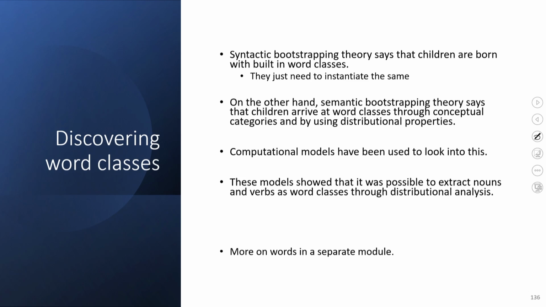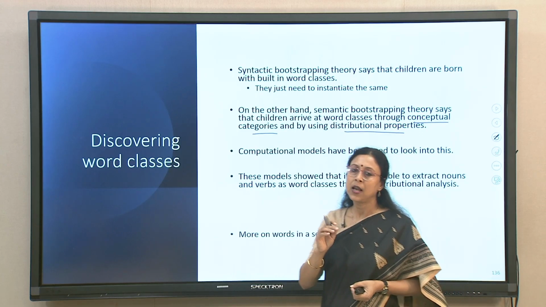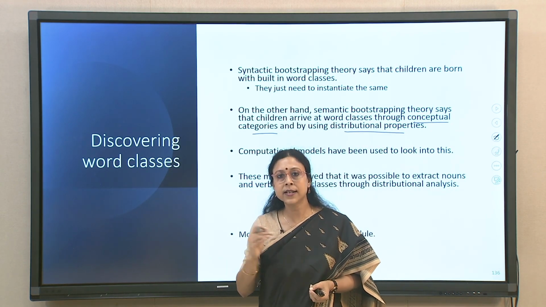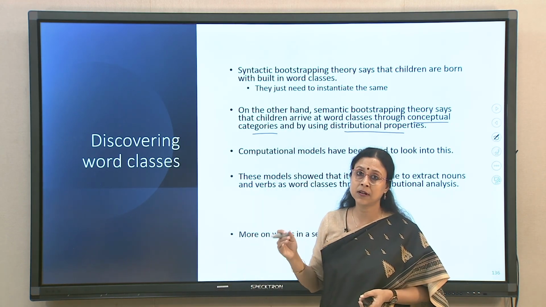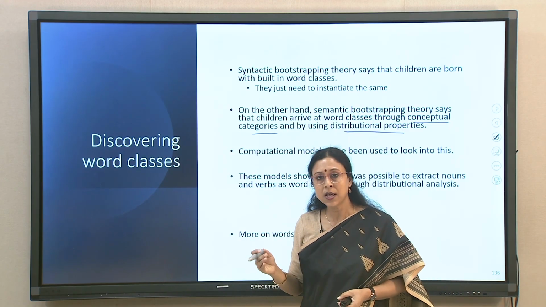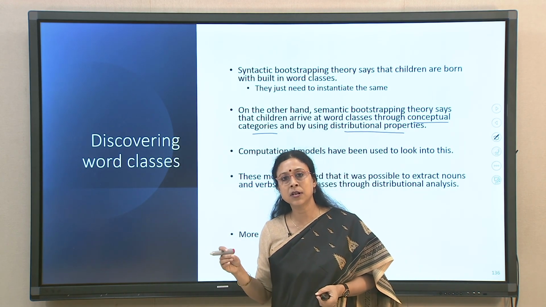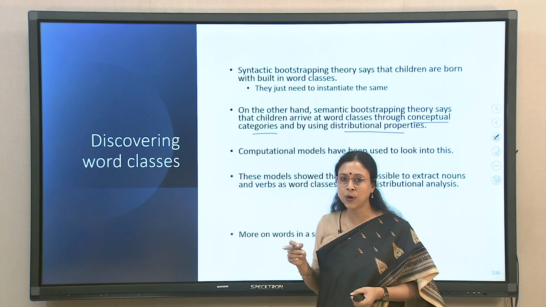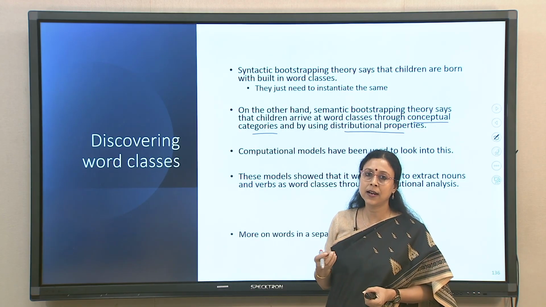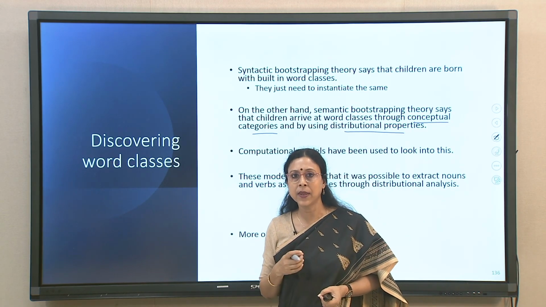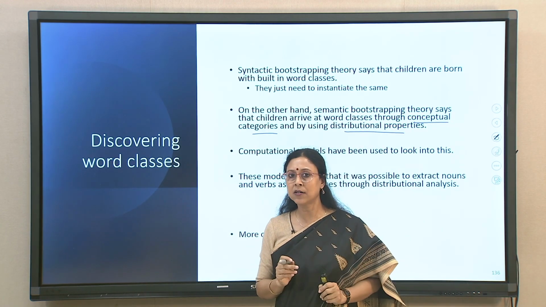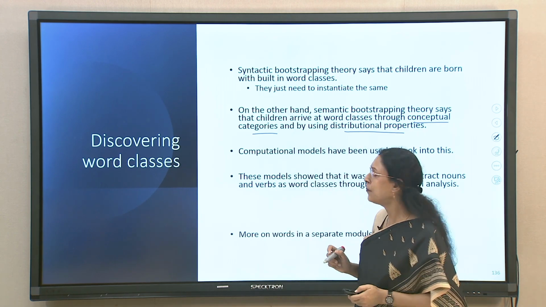On the other hand, semantic bootstrapping theory says that children arrive at word classes through conceptual categories and by using distributional properties. Across conversational contexts and situations, children see the distributional pattern of certain words, and from that they figure out what is a noun and what is a verb, of course mapping them onto concepts.